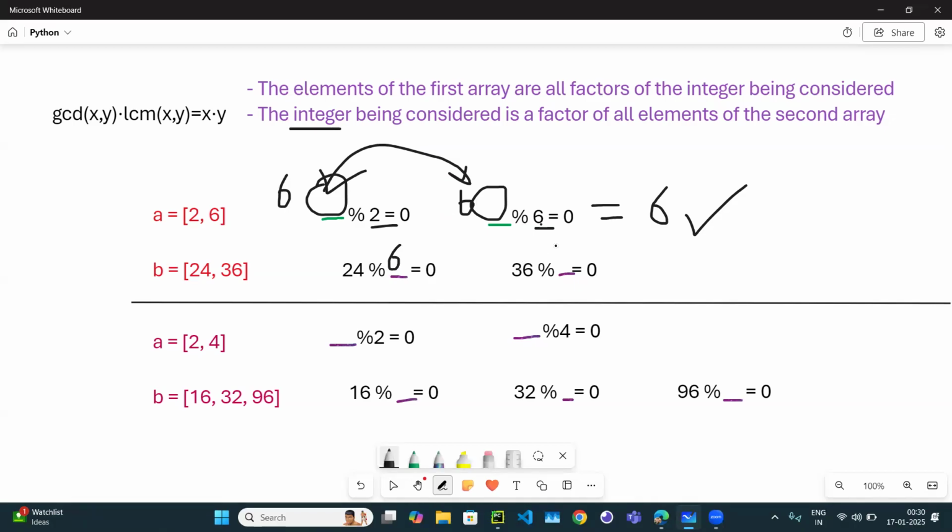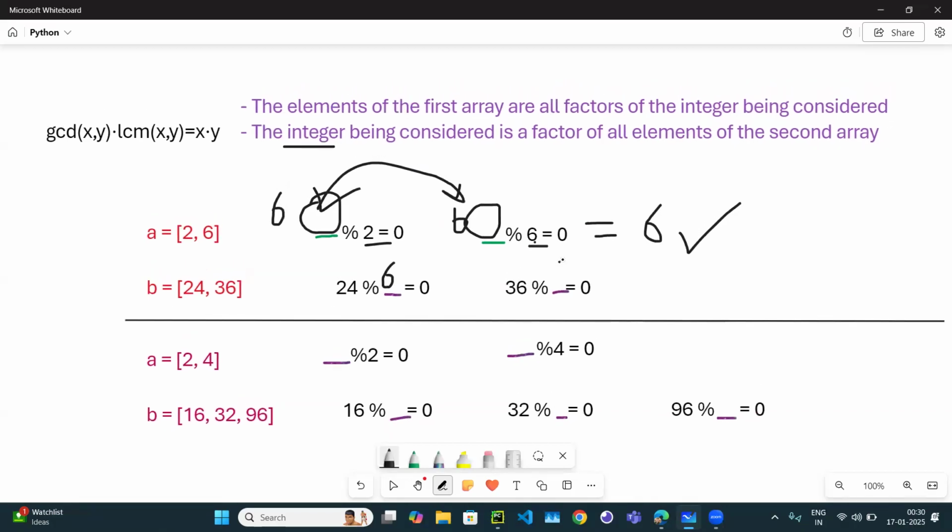So we put 6 here. The integer being considered is a factor, so whatever integer we figure out will become a factor of all the elements of the second array. Suppose we find 6. Then we check whether dividing 24 by 6 gives 0. Yes. If we divide 36 by 6, it gives 0, yes.